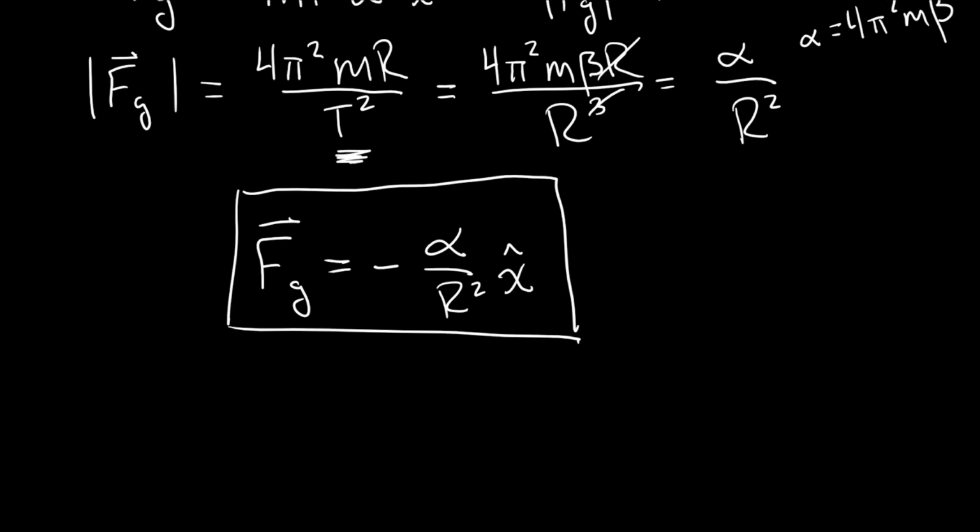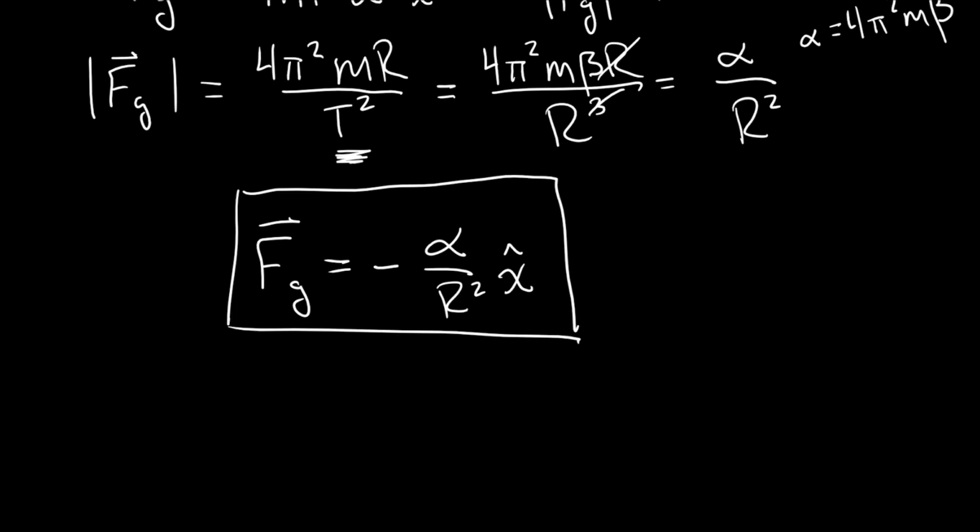So we found, based only on Kepler's three laws, almost a force of gravity, up to some proportionality constant. We know that gravity acts only in the direction of the position vector, and from this we found that gravity is related to the square of the distance between two objects.